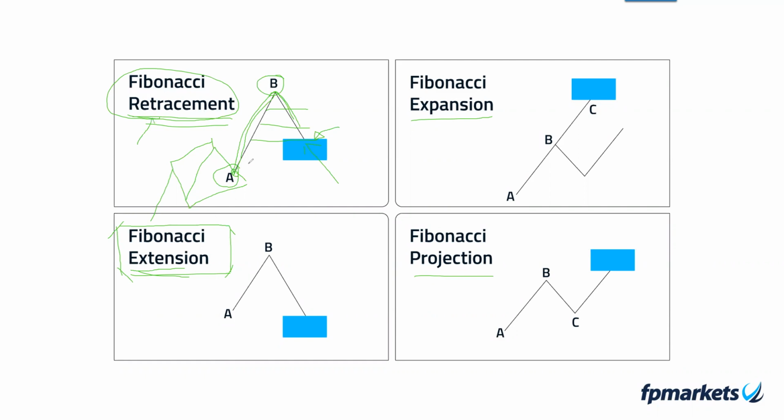So remember, up here, we begin at point A with our Fibonacci tool, and we draw from the higher low to the higher high. That gives us these Fibonacci retracement ratios to work with.